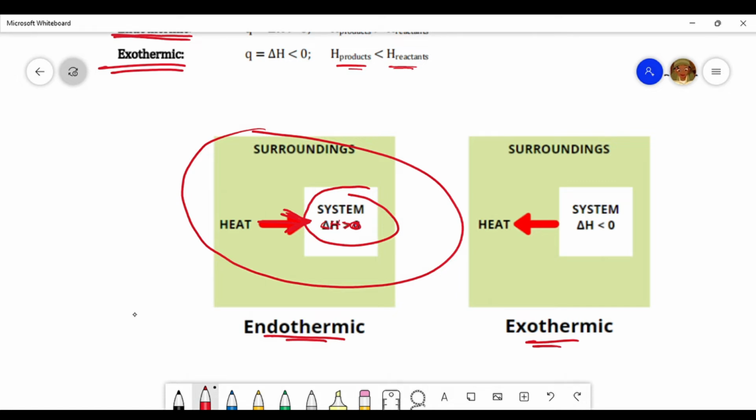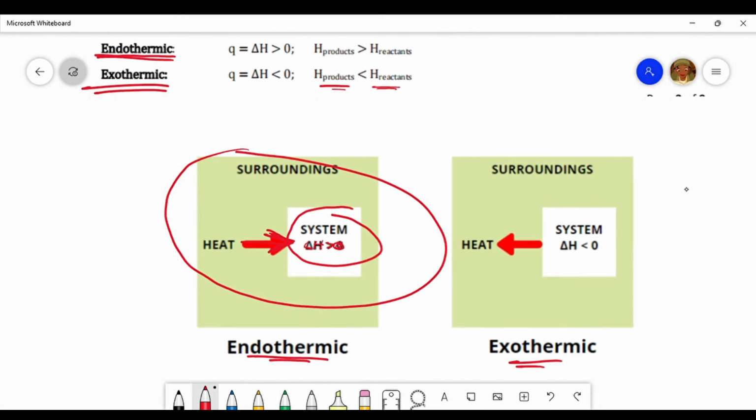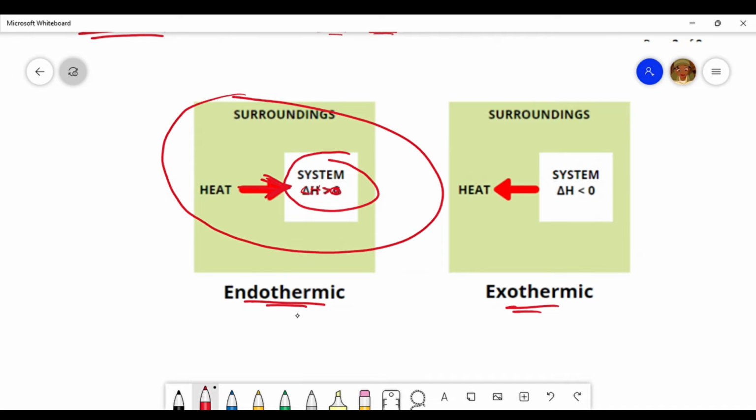While in an exothermic process, heat is released from the system to the surroundings, and delta H is less than 0. That's how we differentiate between endothermic and exothermic processes.